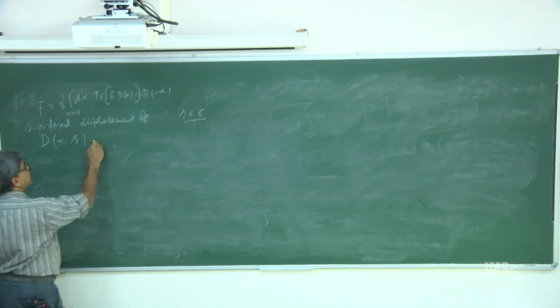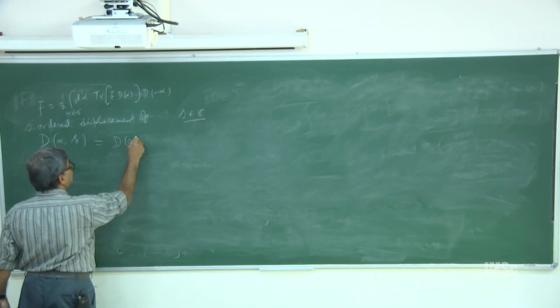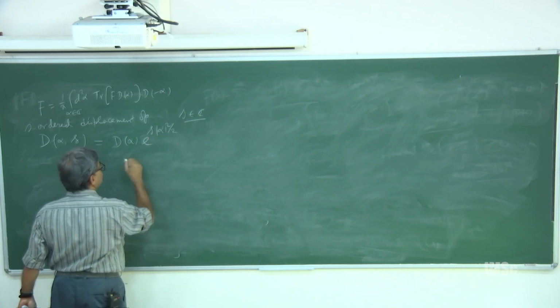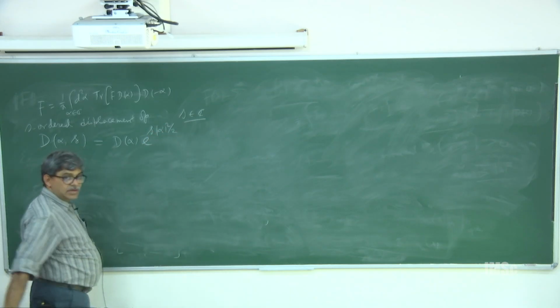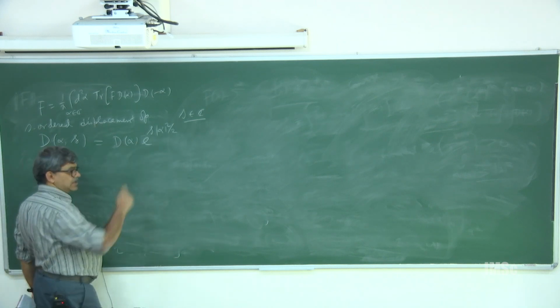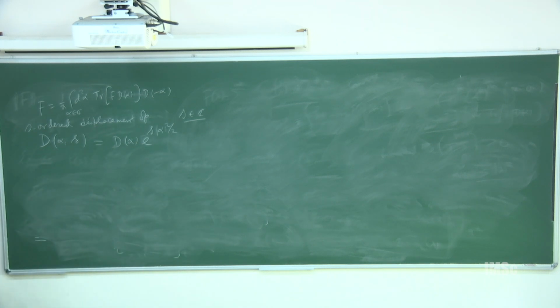D of alpha and s is equal to D of alpha times e to the power s mod alpha square by 2. Why this factor? This is important in order to restrict some sort of singularity into finiteness, by choosing this f properly, right.